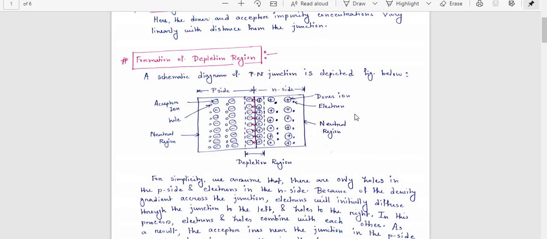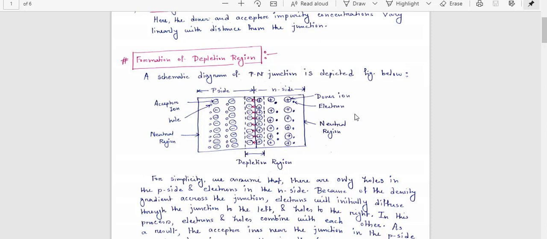Now it is clear that due to the formation of the depletion region, the movement of charge carriers is totally stopped. If you again want the movement of charge carriers to occur, you have to apply some external force to this depletion region.